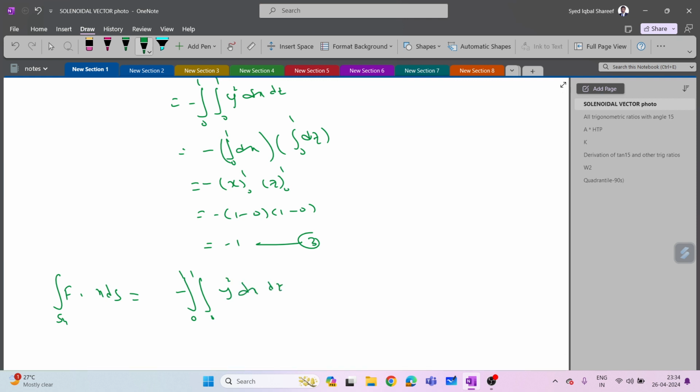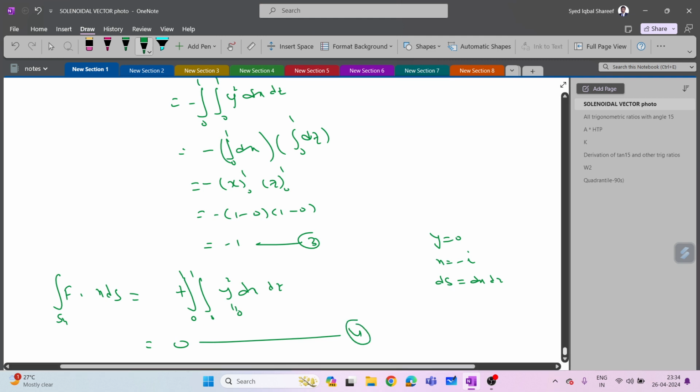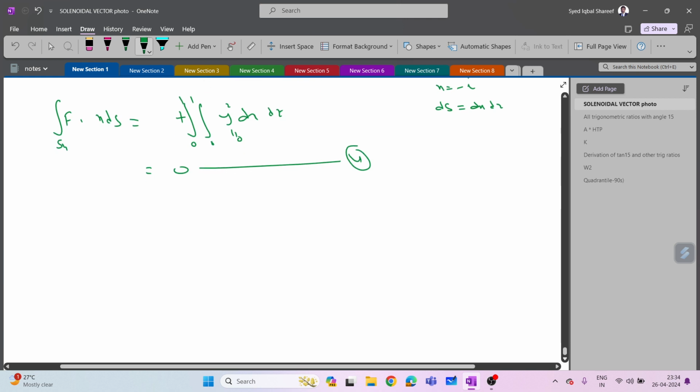And what are the other things? y equal to 0, n equal to minus j, dS will become dx dz. And y equal to 0, if we put 0, everything becomes 0. This is 4. One more phase, the last phase, the z phase.